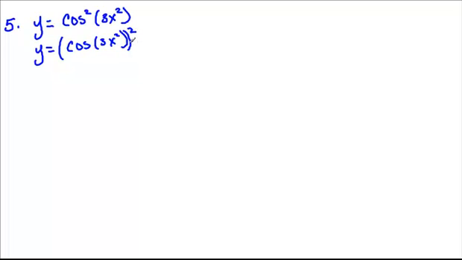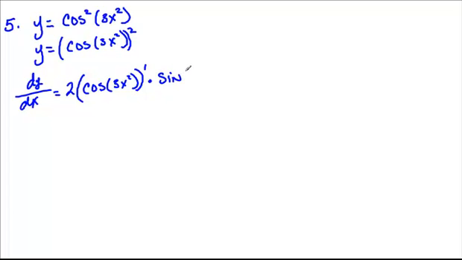Okay, so when we take the derivative, remember, deal with the 2. So dy/dx is equal to 2. Rewrite the inside in its entirety to the first power. Then take the derivative of the inside, which we all know is negative sine of 3x squared.